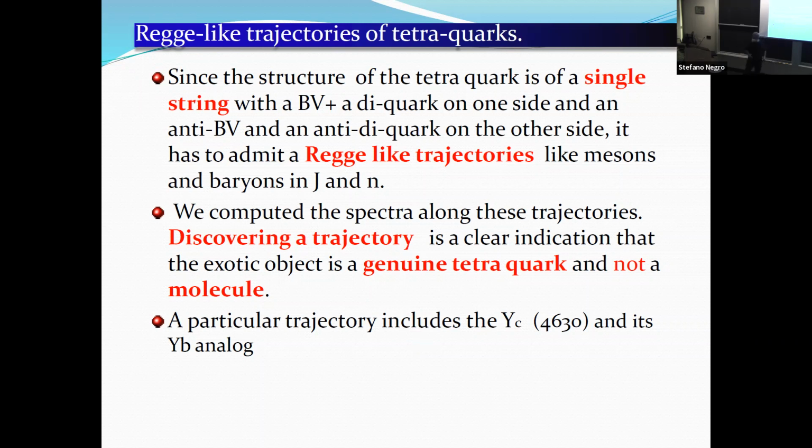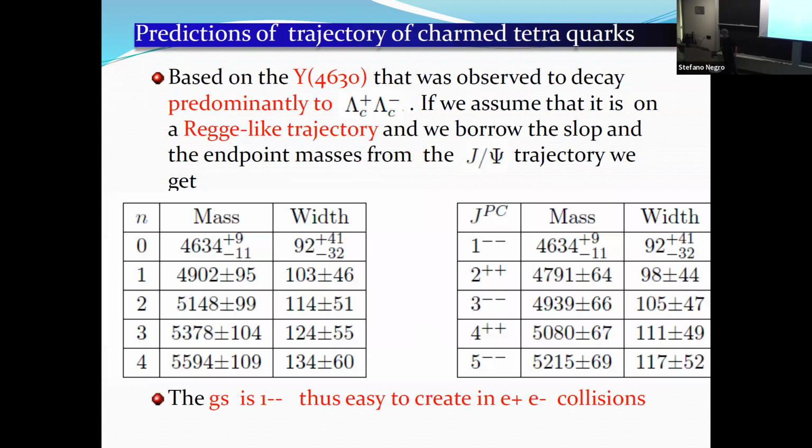And there is another important difference, which I first noticed when Belle found that there is a resonance that decays into lambda C lambda C bar. So it decays into baryon antibaryon. Whatever decays into baryon antibaryon is a genuine tetraquark.